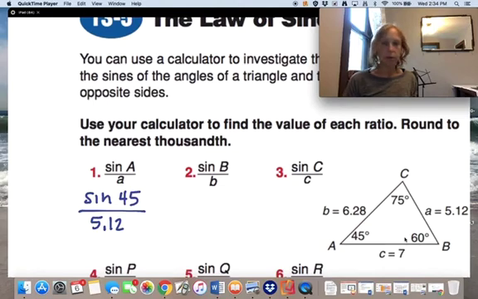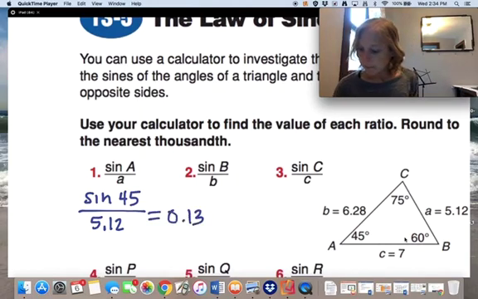When we're working with the law of sines and cosines, we are going to be using decimals versus simplest radical form. So 5.12, and I get 0.138, rounded to the nearest thousandth.